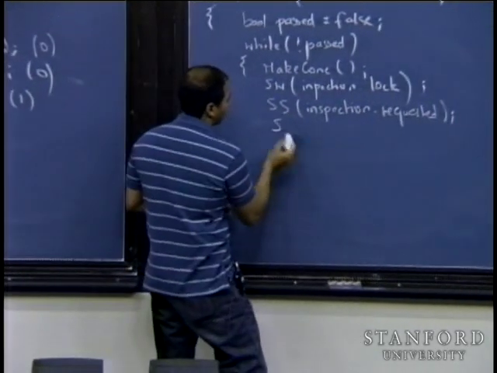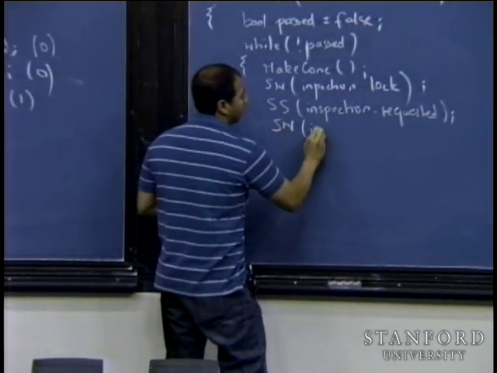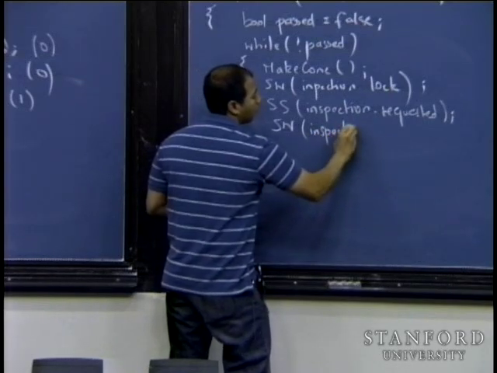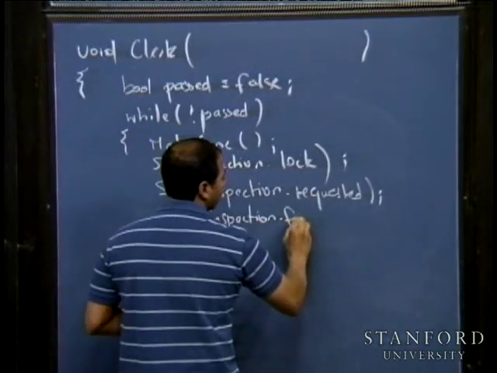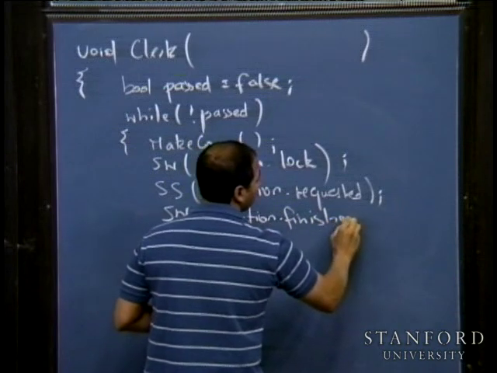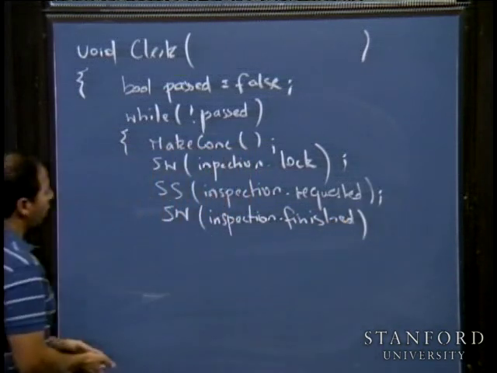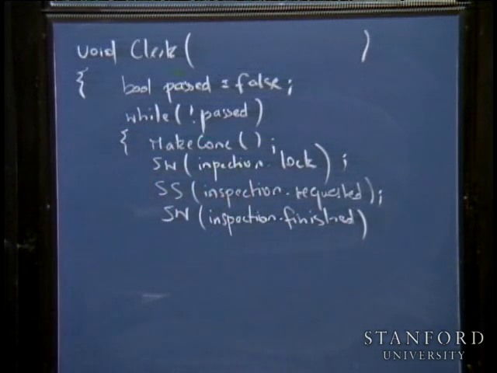So we will basically wait until the inspection is finished. And once inspection is finished, you basically want to know the result of the inspection, right? You want to know if your code passed or failed. Now, how do you know that?